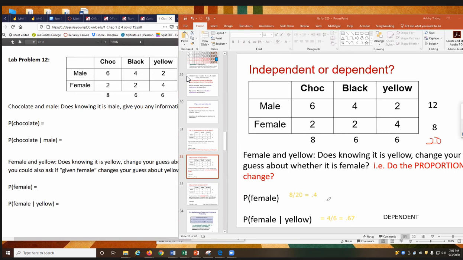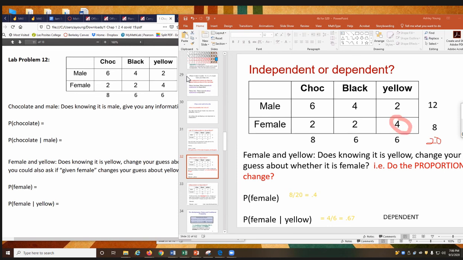Female yellow. Trevor? How about Olivia? Give me one. A number that relates to female or yellow? 4. Female yellow. Good.